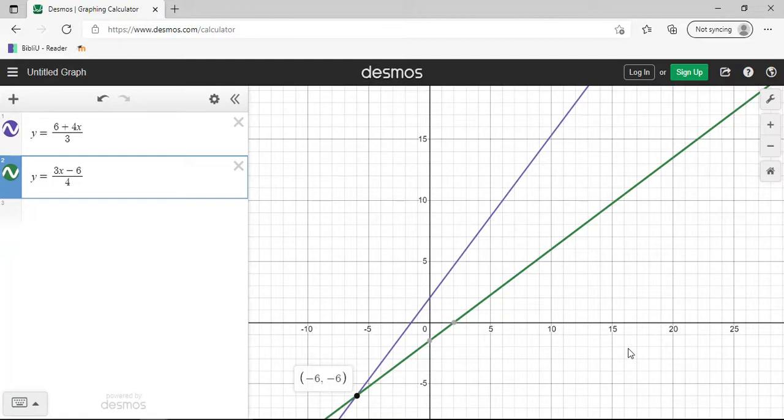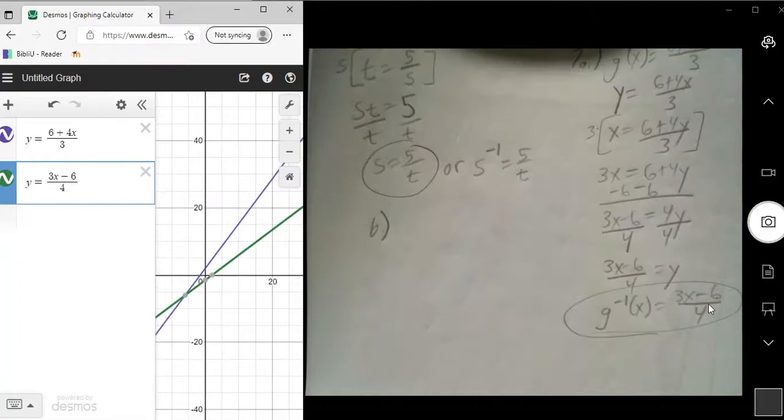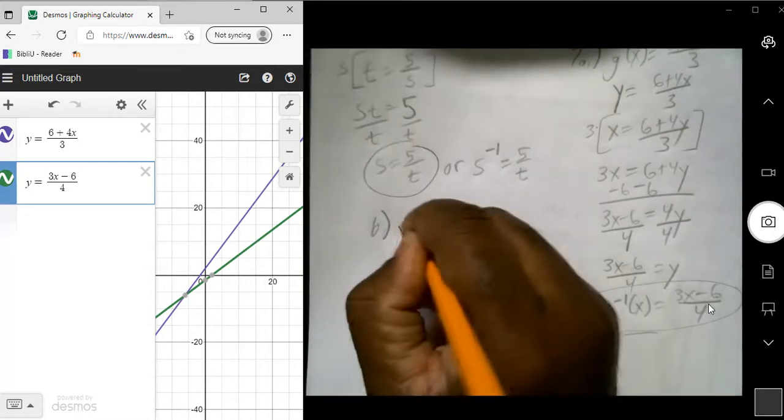Okay, now, it says, do you believe, this is C. Let me shrink this up a little bit. It says, do you believe that your equation for G inverse in part A is correct? Explain. Okay. I would say yes.